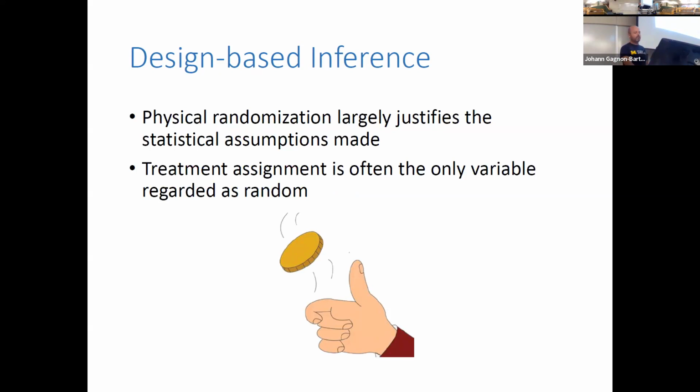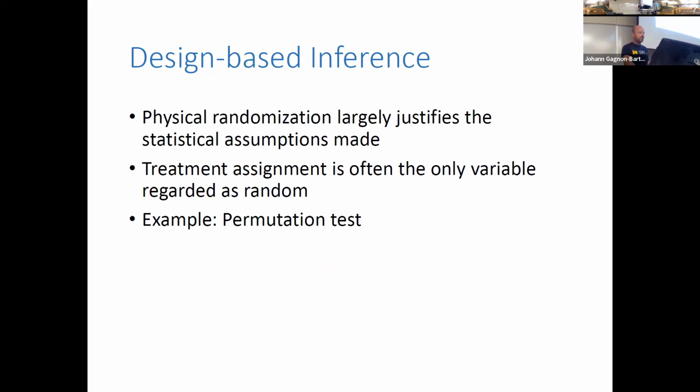And the treatment assignment is often the only variable that is regarded as random in the analysis. One example of this would be a permutation test. Another example would be the Neyman model, and that's what we'll be using.